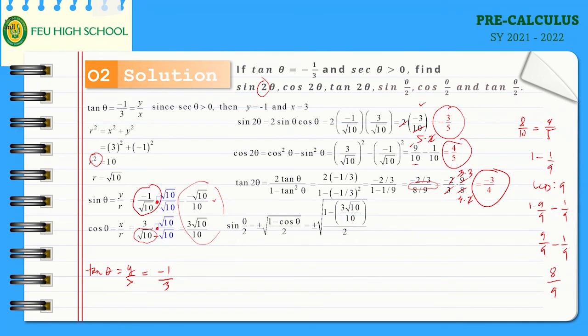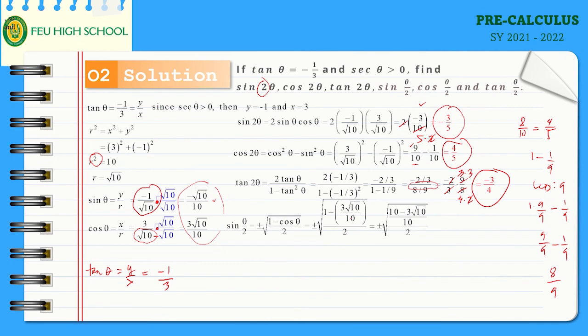Yeah. I think this would be more friendly compared to the square of negative 3 over square root of 10. Kasi mapipilitan naman kayo magra-rationalize if you go through with simplifying in this kind of given.